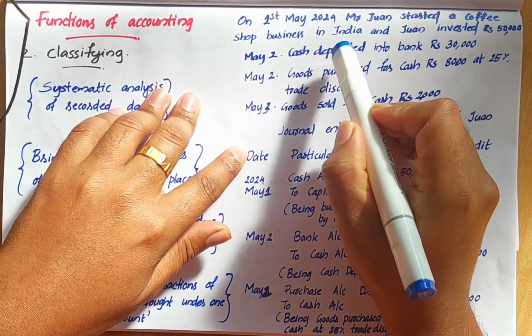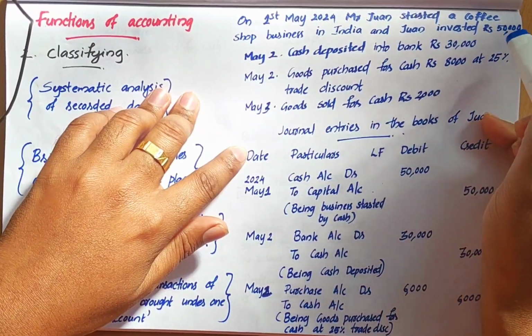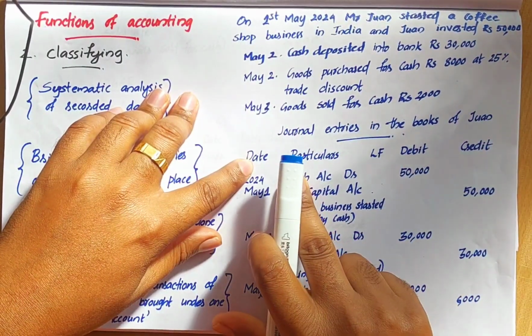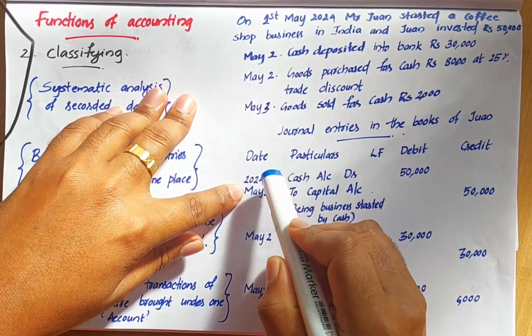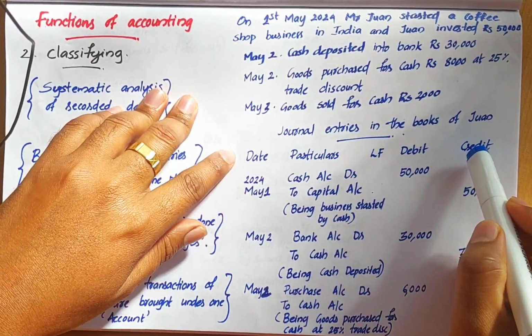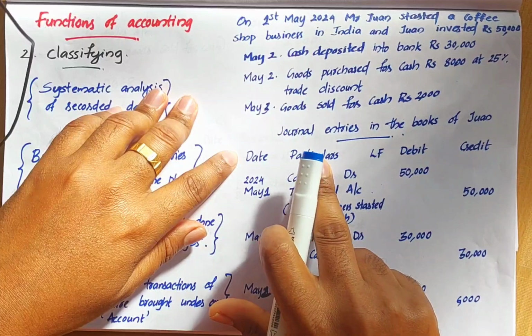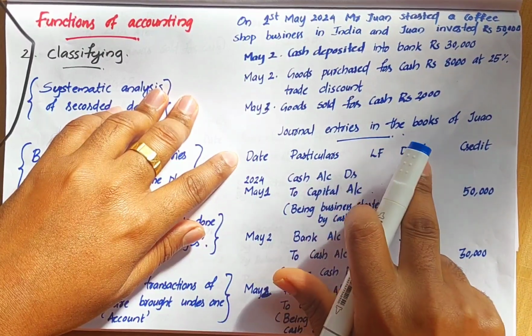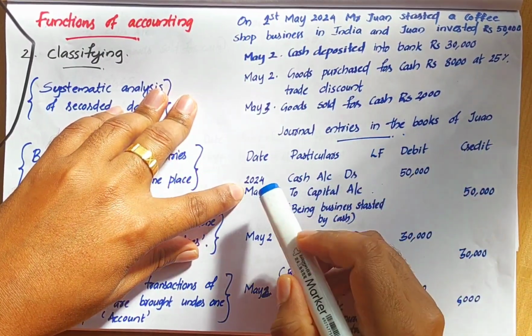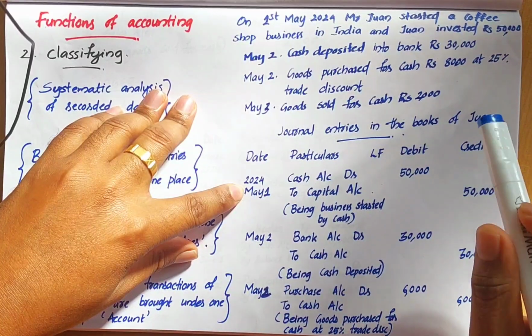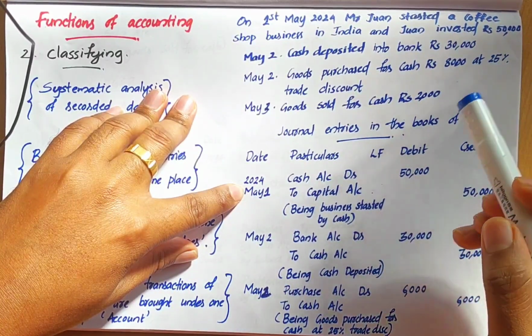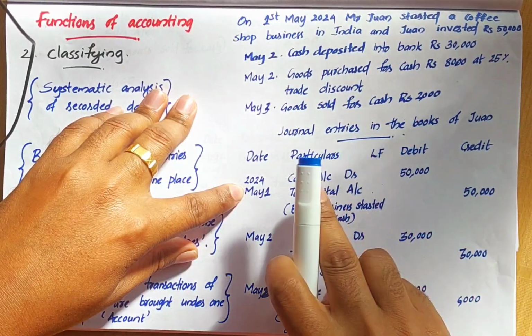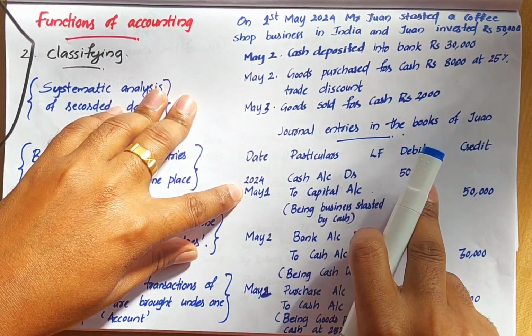On 1st May he invested 50,000 rupees. So how will the journal entry be? The format for the journal is date, particulars, ledger folio number, debit, credit. Cash is coming into the business, so cash account is debited 50,000.